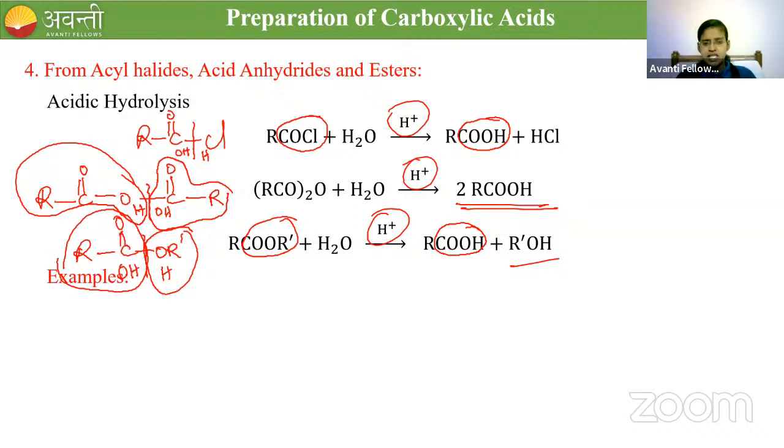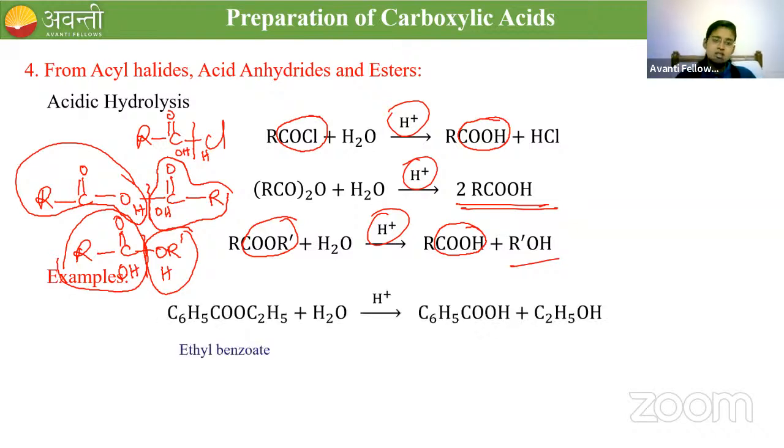Now let's go for some examples. Let me take an example of an ester. So C6H5 is R, COO R dash. This is an ester. So what is forming here? You see the CO bond, C6H5, C double bond O, OC2H5, right?